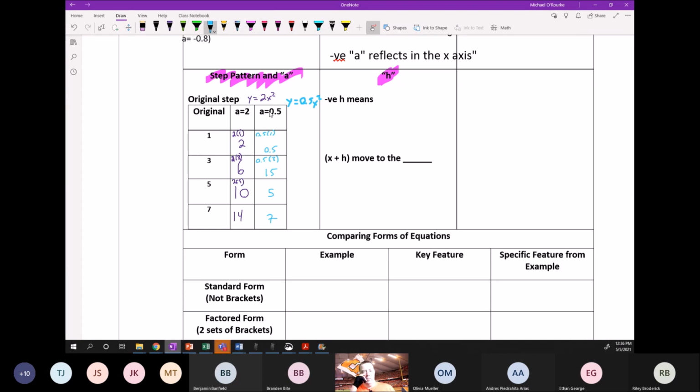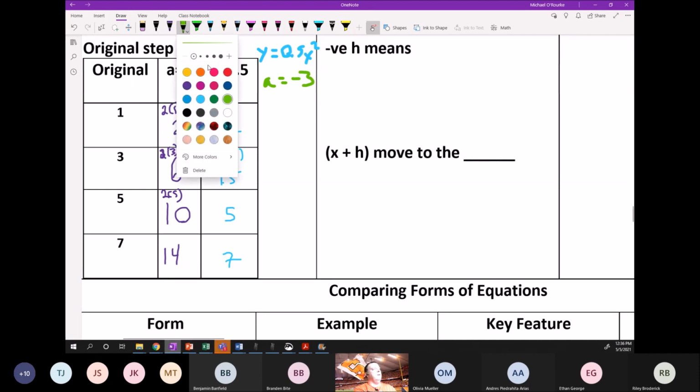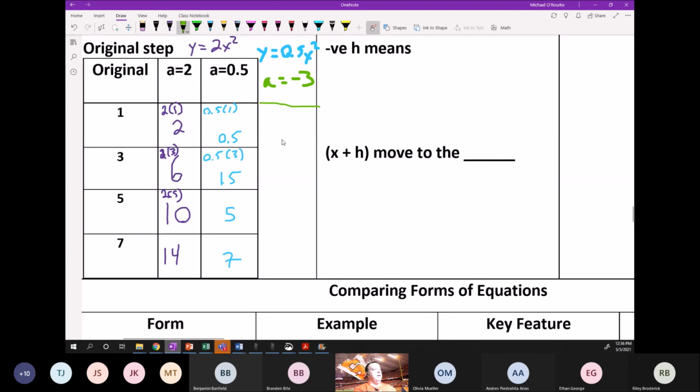All right, so let's go with another one. Let's go with a -3. So let's say A equals -3. What's going to happen to our step pattern? So if I extended this over here, our original step pattern is 1, 3, 5, 7.